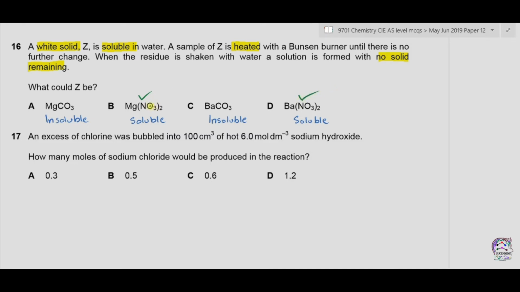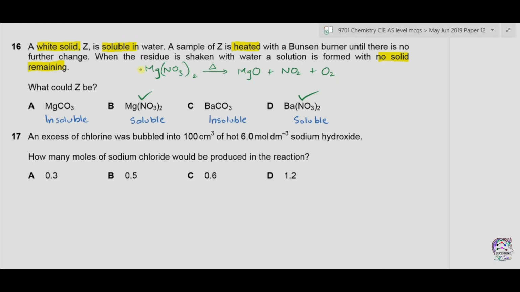Now let's find out what happens when this is heated until there is no further chemical change. So magnesium nitrate, when heated on the Bunsen burner, produces magnesium oxide along with nitrogen dioxide and oxygen gas.